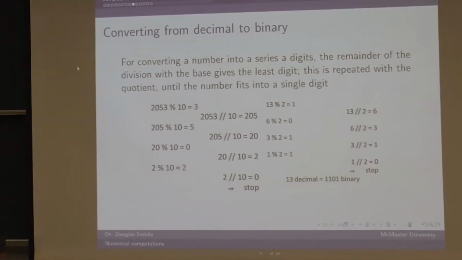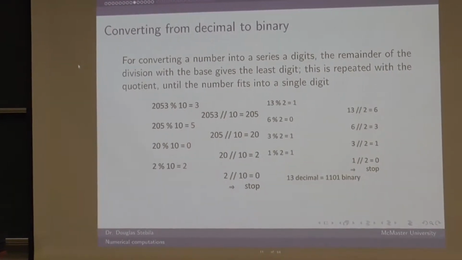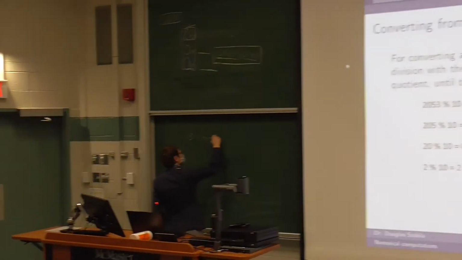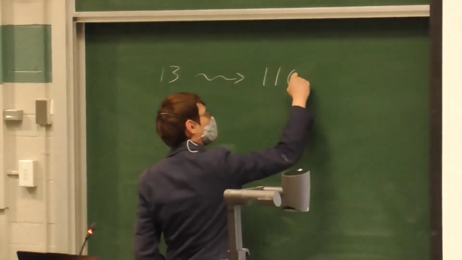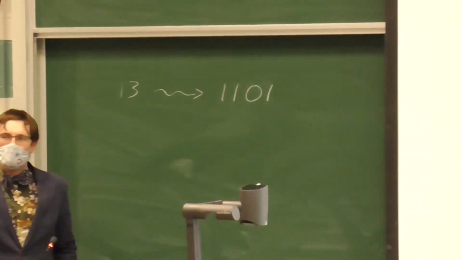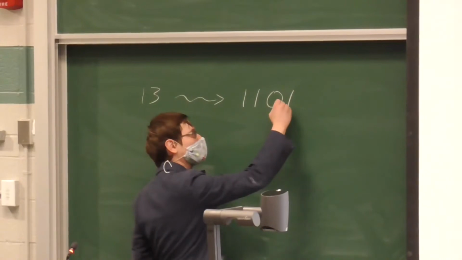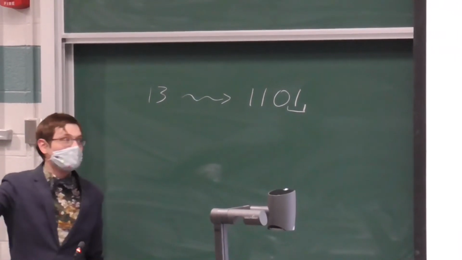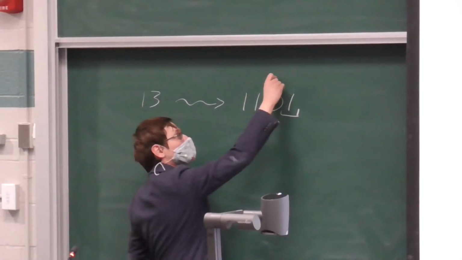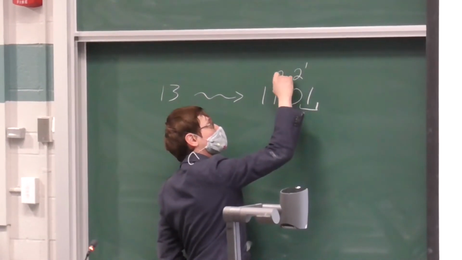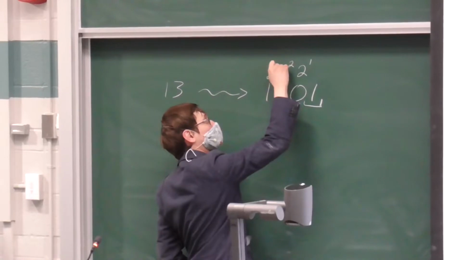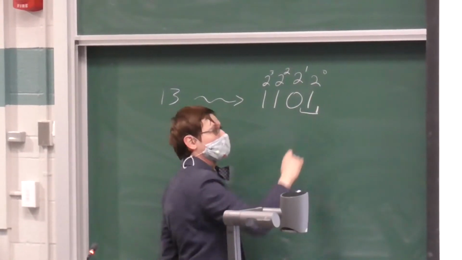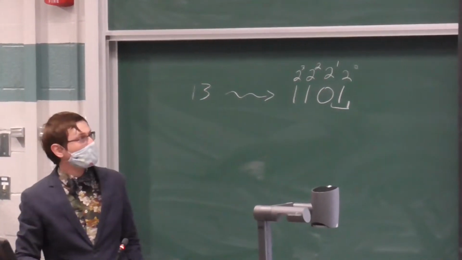If we skip ahead to the end here, 13 will eventually be 1101. We want to find out if this first guy is a 1 or a 0, right? This 2 to the power of 0, 2 to the power of 1, 2 to the power of 2, 2 to the power of 3, right?